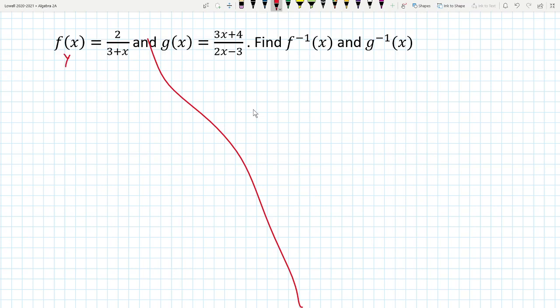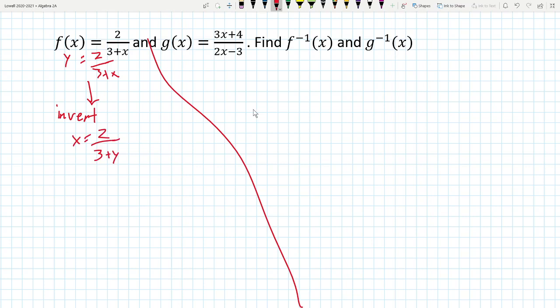All right, I'm ready. This really just says y equals 2 over 3 plus x. And so to create the inverse, to invert it, because I guess invert is a verb, we're really saying x is equal to 2 over 3 plus y.